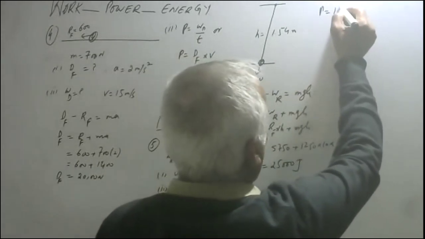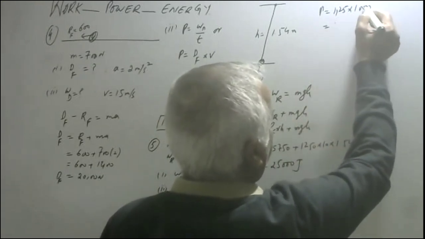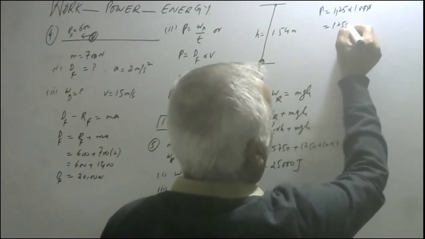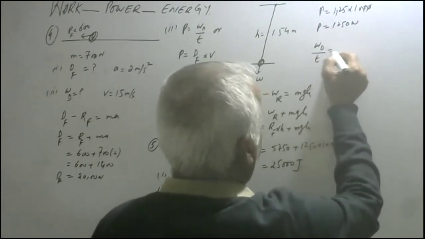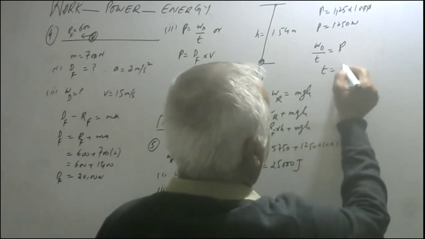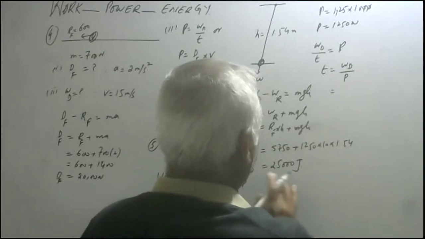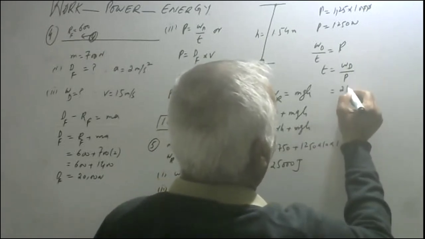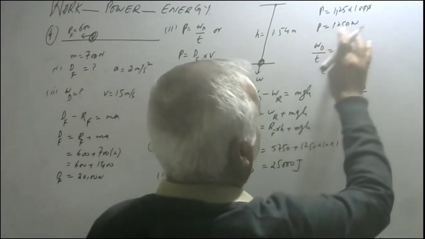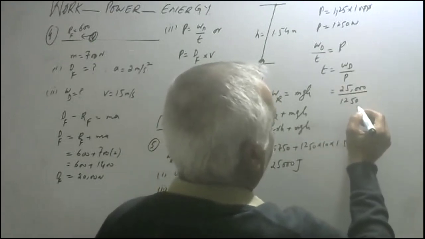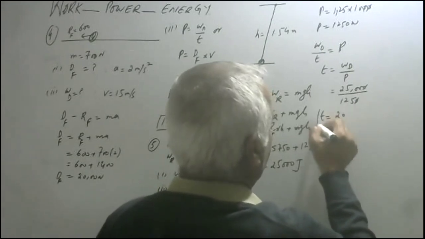Since power is equal to 1.25 times 1000, that is 1250 watts. Time is equal to work done by the driving force over power, so 25,000 divided by the power of 1250, and the time is equal to 20 seconds.